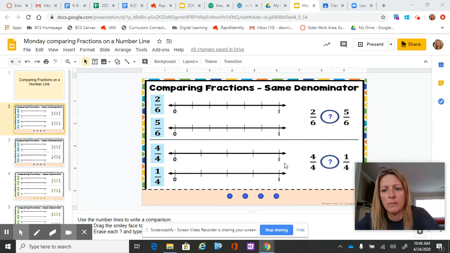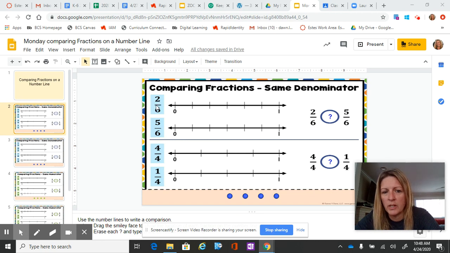Take a look at this screen that I'm sharing with you and watch my mouse. Remember, we talked about if we were an ant walking along, we have to count each section, not each line. So this is 1, 2, 3, 4, 5, 6. There's 6 sections.